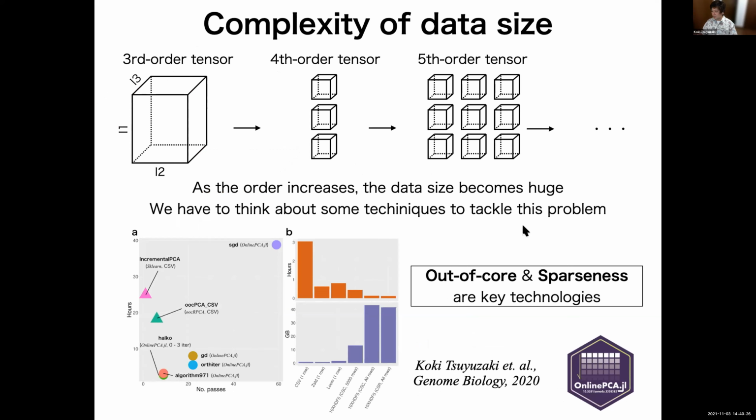That's why we have to think about some techniques to address this problem. In our previous benchmark study about principal component analysis, we found that out-of-core and sparseness are very effective for the scalability to analyze large-scale matrices. So I will extend these techniques to tensor decomposition.